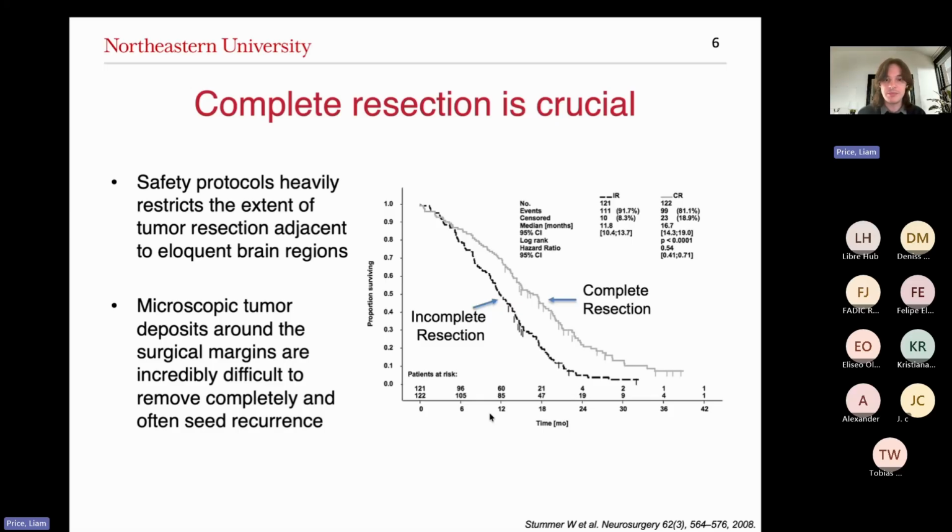And so we want to be able to give neurosurgeons the ability to go after these microscopic deposits that they're knowingly leaving behind, with the control and safety that they would require to actually go further into the marginal areas around the main tumor and remove these microscopic tumor deposits, to hopefully avoid any recurrence that they often see in these marginal regions.